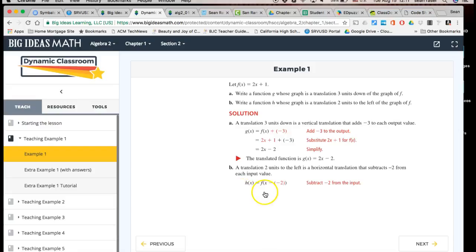So we take this input value right here and you simplify. Remember, minus a negative turns this into a positive. So really, subtracting a -2 is really adding 2 to the input. Okay, so let's look at what that means.